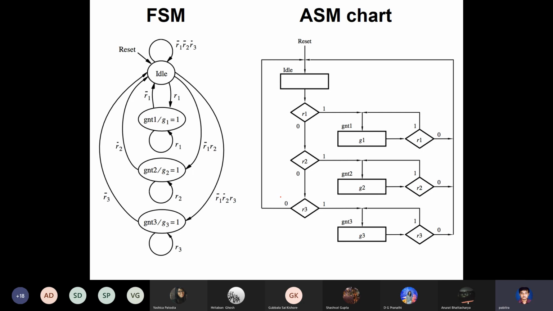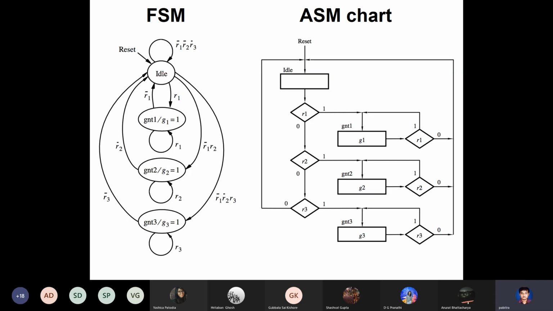All right, so you have 4 states. You have an idle state, and GNT1, GNT2, GNT3 states, and you have inputs R1, R2, R3.